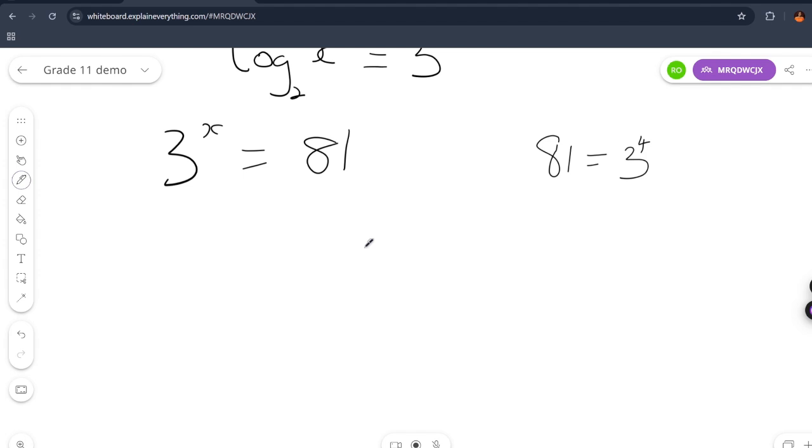So we can write this here. We use the base that we have on the left hand side. Assuming we have 2 here, we have to consider if this can be written in base 2. So we have 3 raised to the power x equals 3 raised to the power 4.